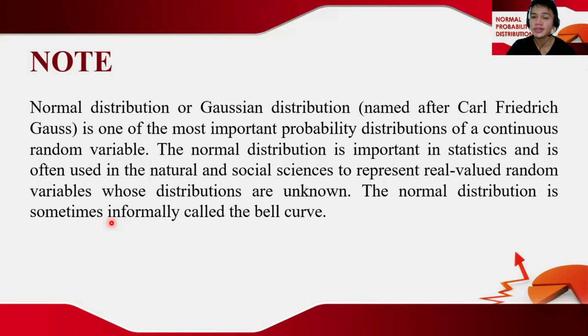The normal distribution is important in statistics and is often used in the natural and social sciences to represent real valued random variables whose distributions are not known. The normal distribution is sometimes informally called the bell curve. That's why it is represented by a bell curve.